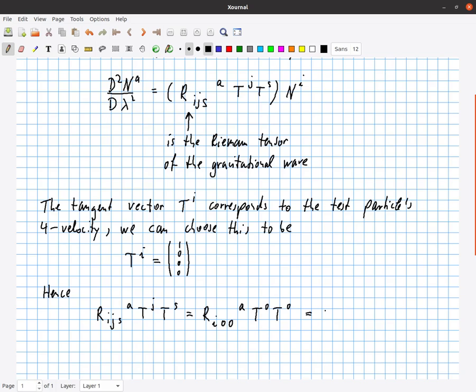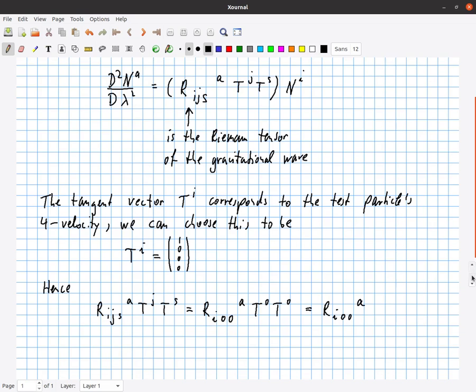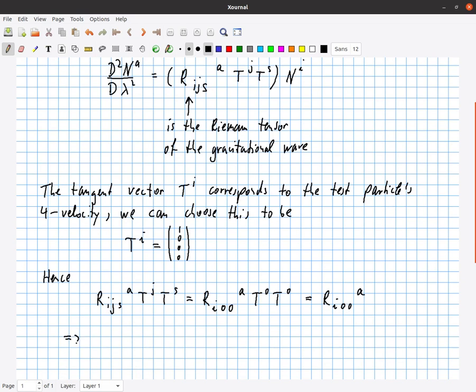Because T^0 is 1, we get just this, which means our geodesic deviation equation contains now only those components, and here we have the N^i.